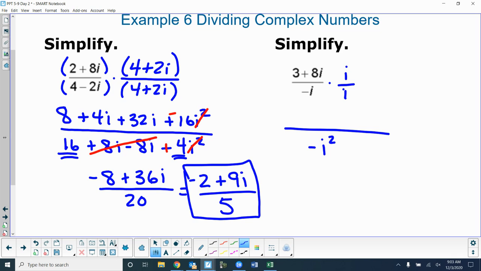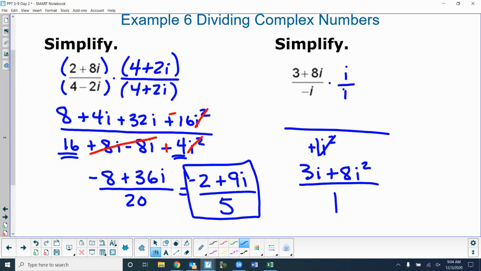Negative 1, right? So, remember there's a 1 here, we just never write it. So I'm doing this, right? So my denominator is 1 now. What do I do in the top? Distribute, right? 3 times i and 8i times i.